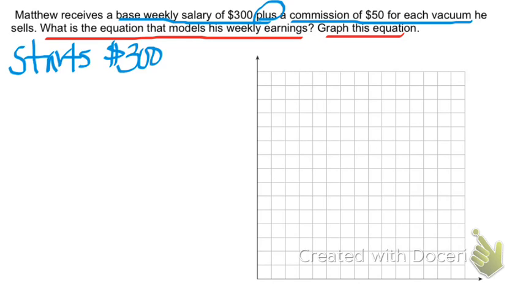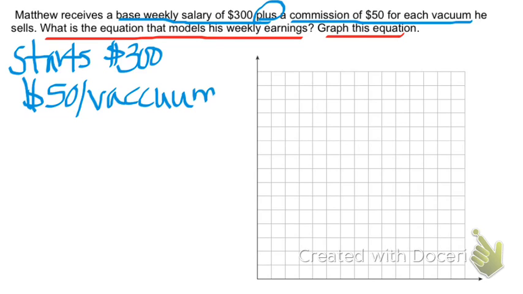And then from there, once he makes that $300, for every vacuum that he sells, he's going to get $50 additionally on top of that. So it's $50 per vacuum. Keeping that in mind, which one of these do you think is going to be your y-intercept?